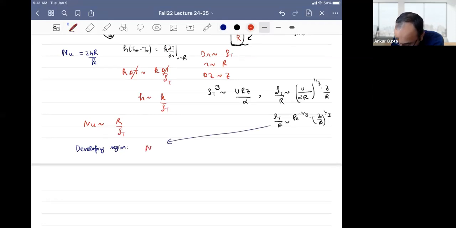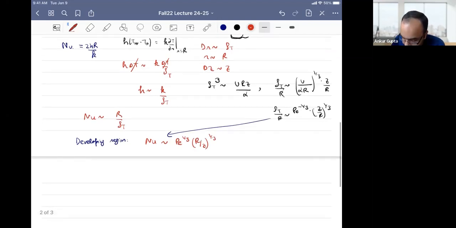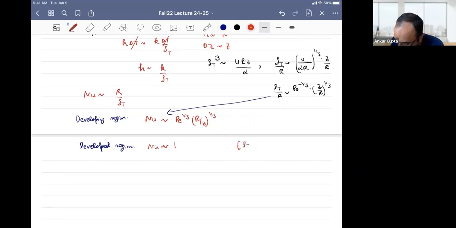Nusselt's number becomes Peclet to the power 1/3 times R by Z to the 1/3. And in the developed region, you have Nusselt's number as roughly 1 because delta T has developed throughout.